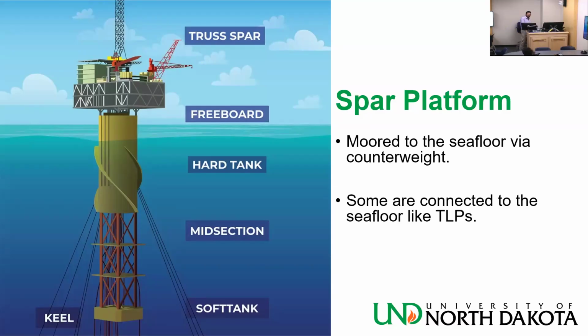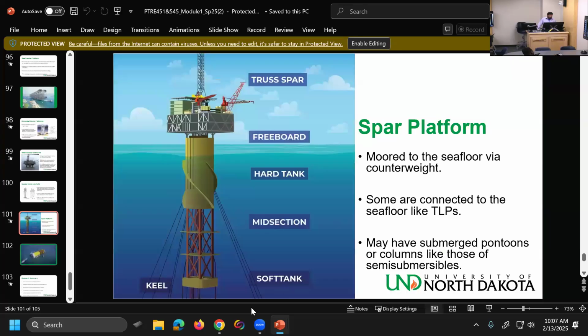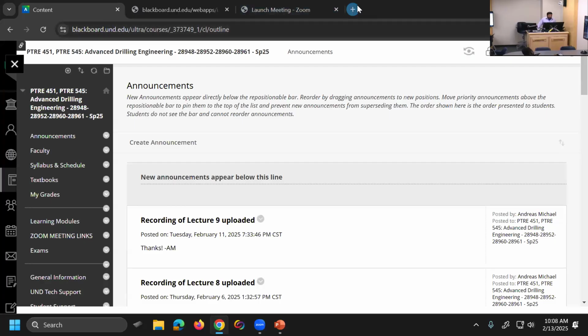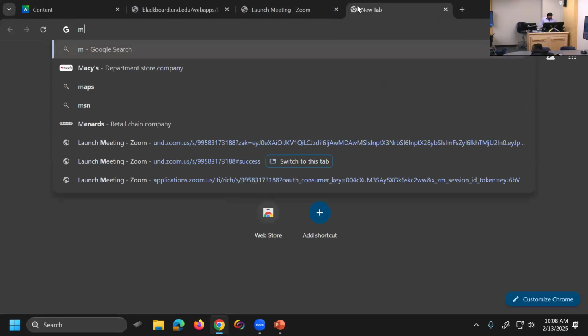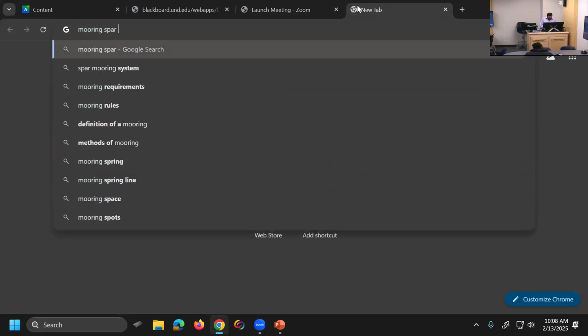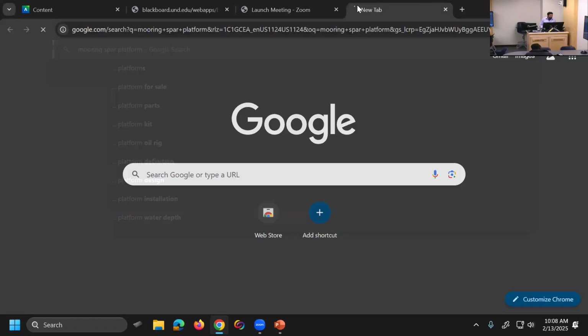Okay, I remember those operators in Ghana, they were saying that they have issues with that mooring, and I was wondering how is the equipment. Well, you're going to transport it flat, like laying down, and then, let's see. Let me show you. Let's go to Google, Mr. Google, and say mooring spar platform.